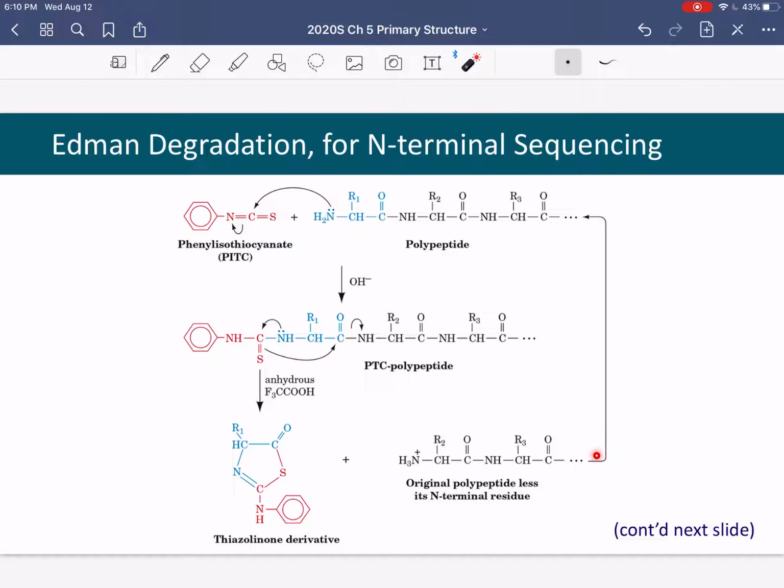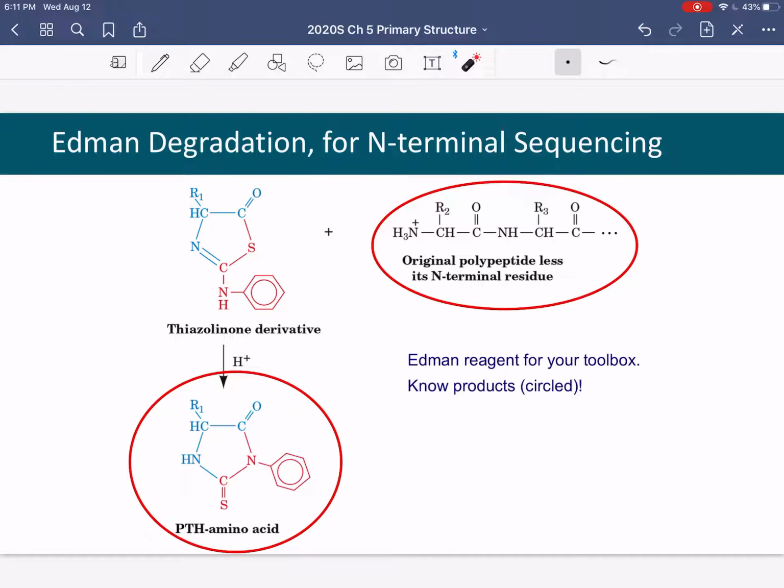Your first product really is the rest of the polypeptide chain without its original N-terminus. Instead, amino acid 2 is the new N-terminus, and here's the free amino group. The last step is a weak acid reaction, which converts this derivative into the PTH amino acid derivative.